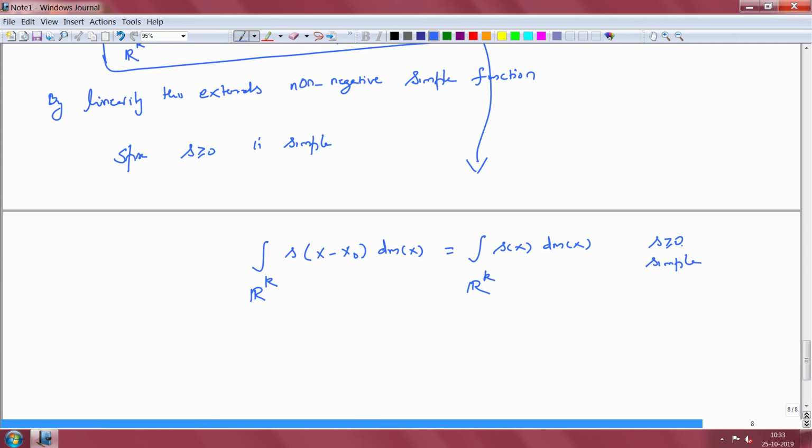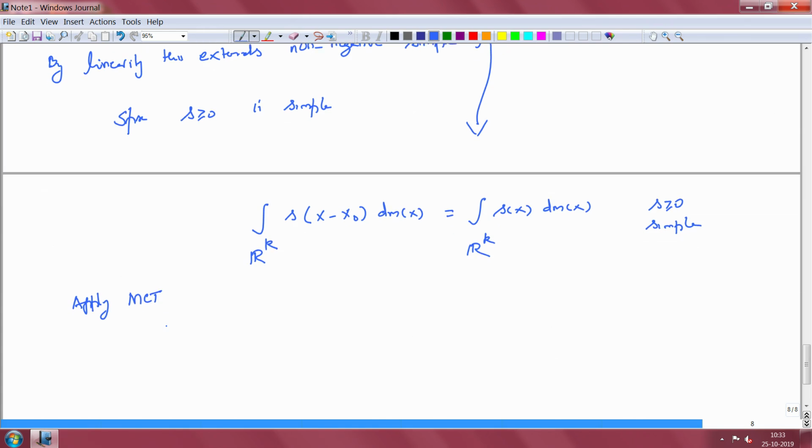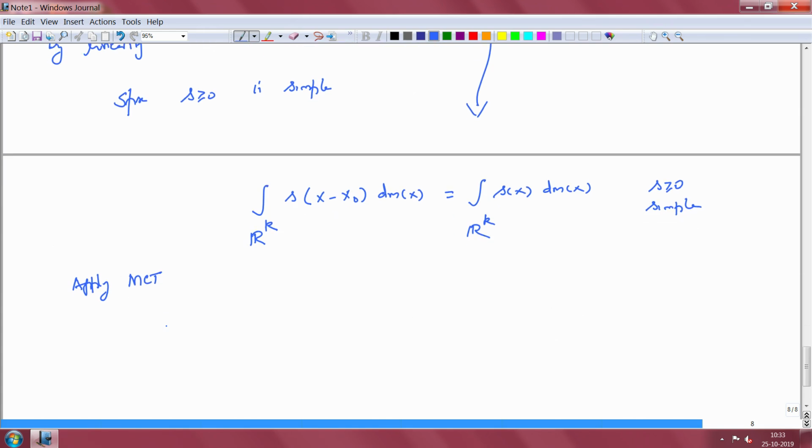Now I can apply the monotone convergence theorem. If I take a positive measurable function, there exists a sequence of simple functions which increases to that function. So, that will tell me that on both sides I have convergence, giving the integral over R k of f of x minus x naught dm x equal to the integral over R k of f of x dm x.